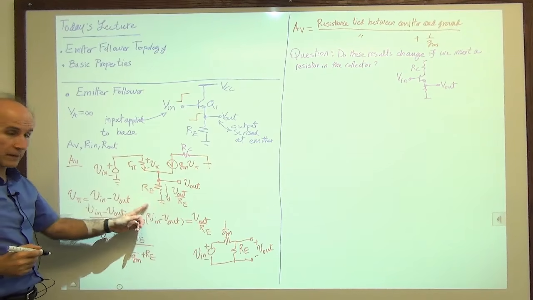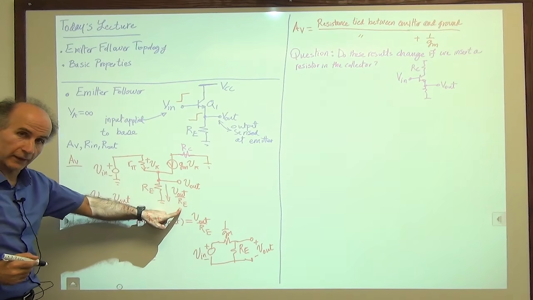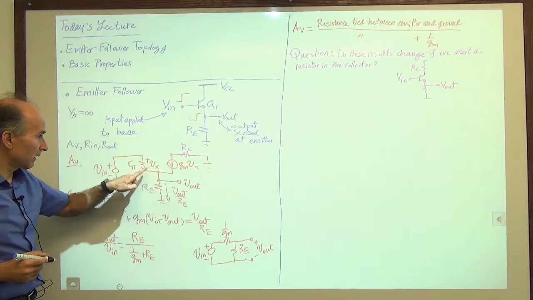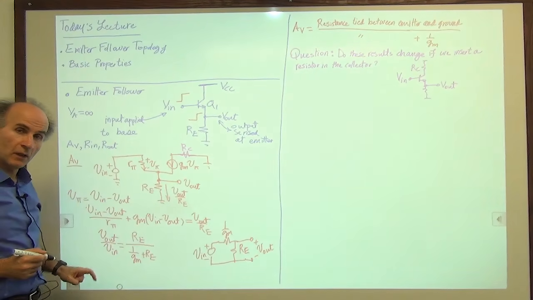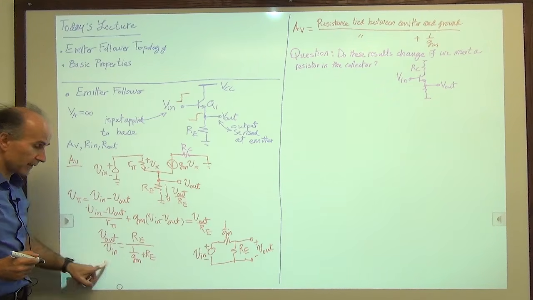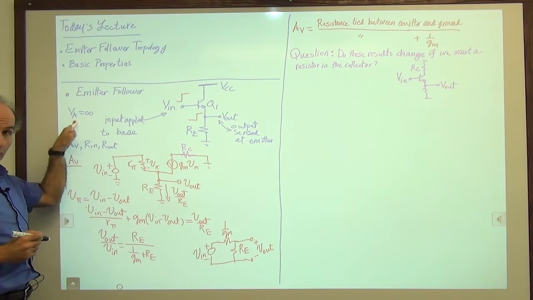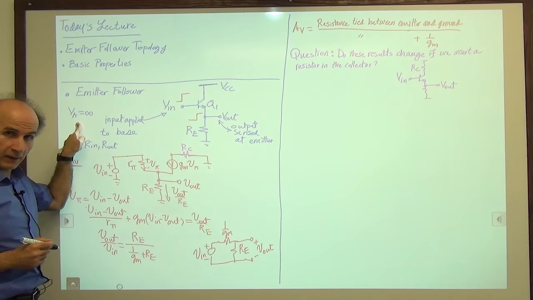This KVL is still intact. This current is still equal to V out over RE. The KCL here is still the same as before. So whether you have an RC or not, this result doesn't change. With this proviso, you have to make sure that the early effect is neglected.